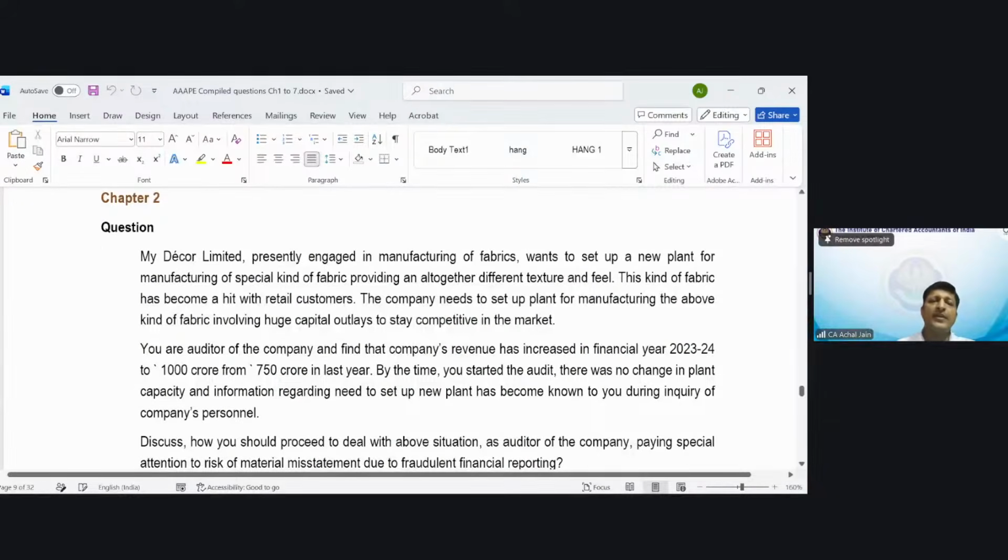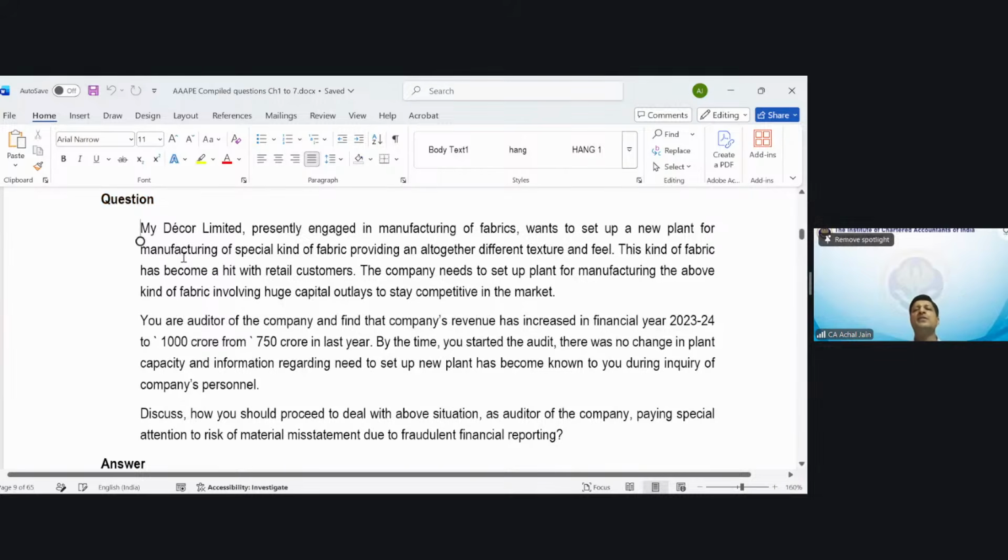By Decor Limited, presently engaged in manufacturing of fabrics, wants to set up a new plant for manufacturing of special kind of fabric, providing an altogether different texture and feel. This kind of fabric has become a hit with the retail customers.